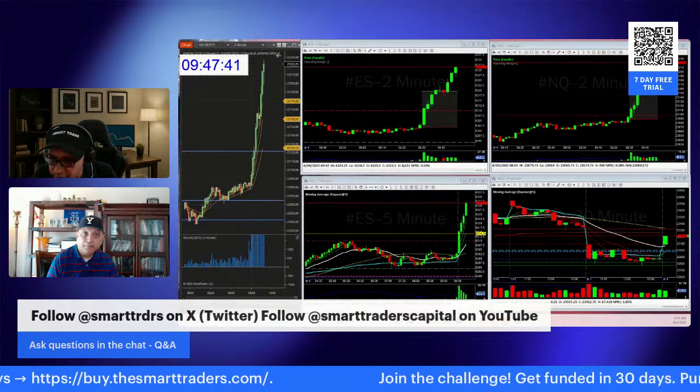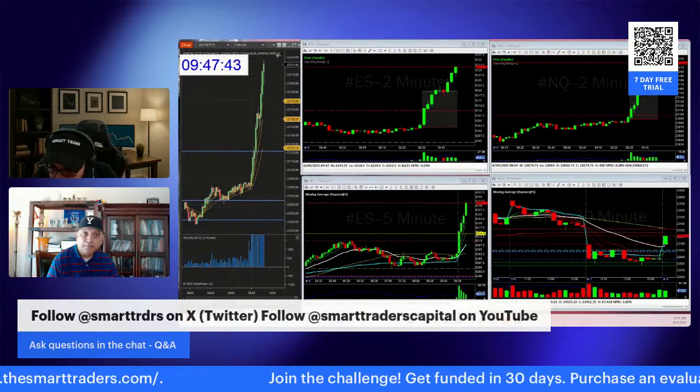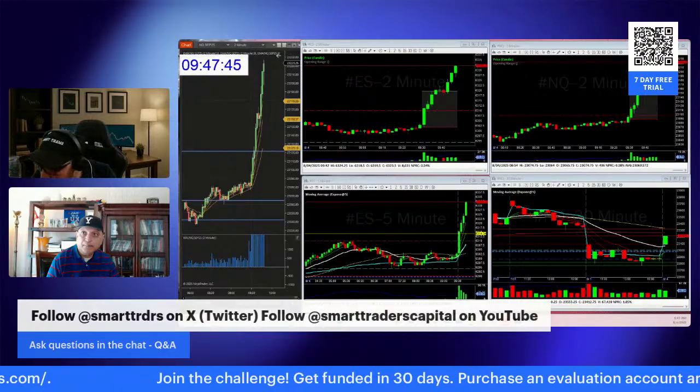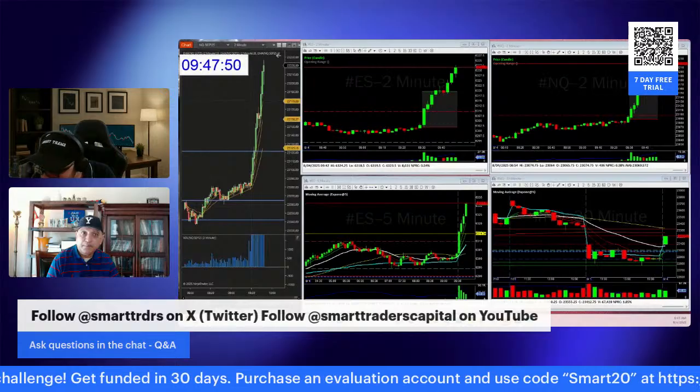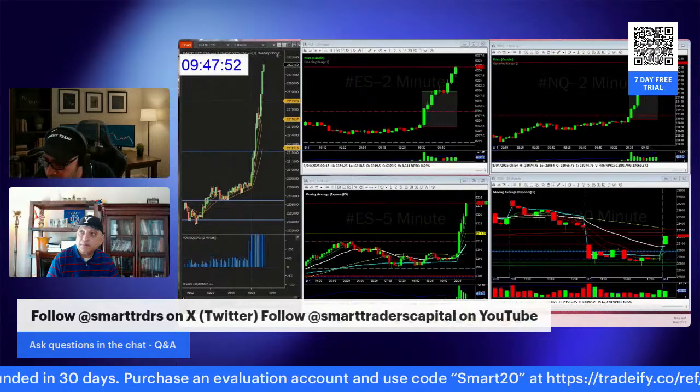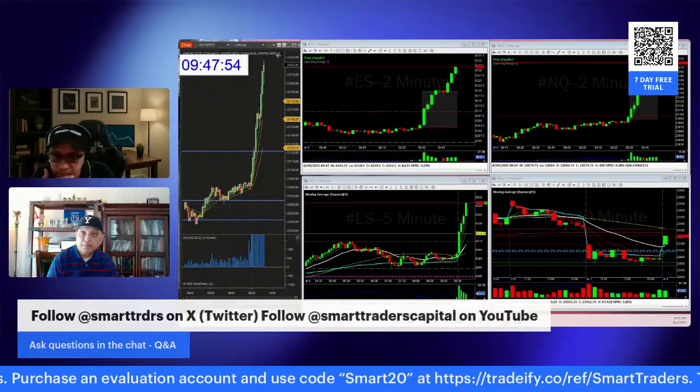Very extended candle right now. I think it's going to 23,250 close to, and ES is going close to 63.50.